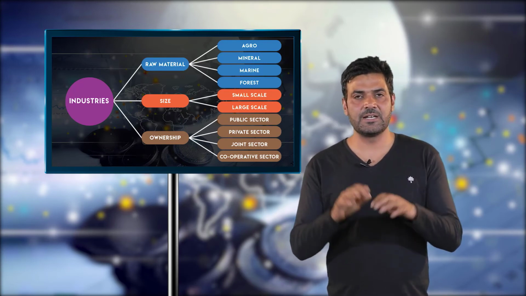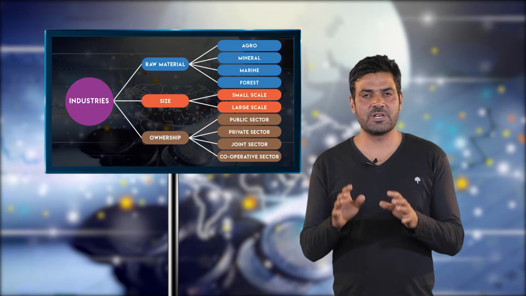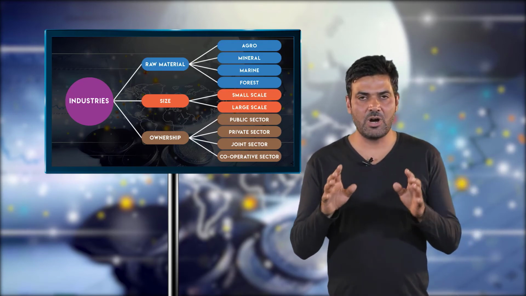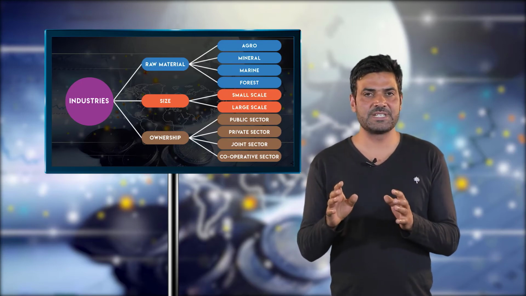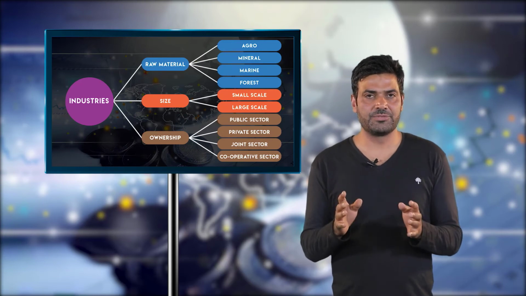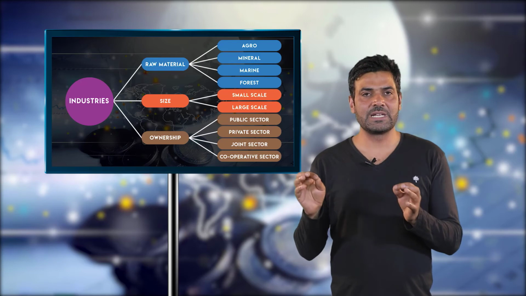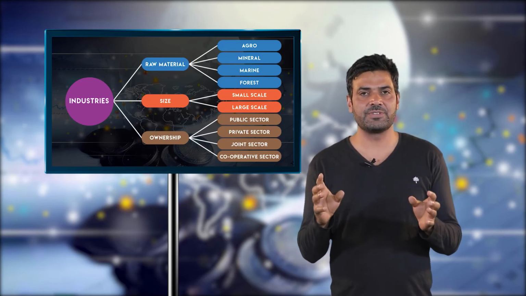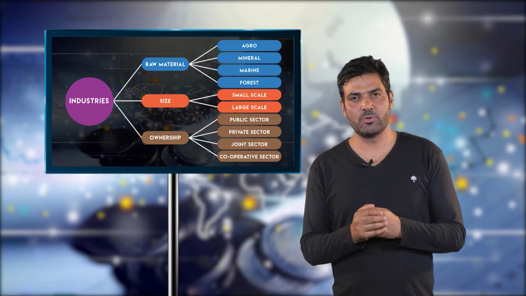Then we have the cooperative sector industries. Cooperative sector industries are those industries that are operated and owned by the producers or the suppliers of raw material or workers or both. For example, we have Amul, Anand Milk Union Limited and Sudhar Dairies, which are successful examples of the cooperative venture.